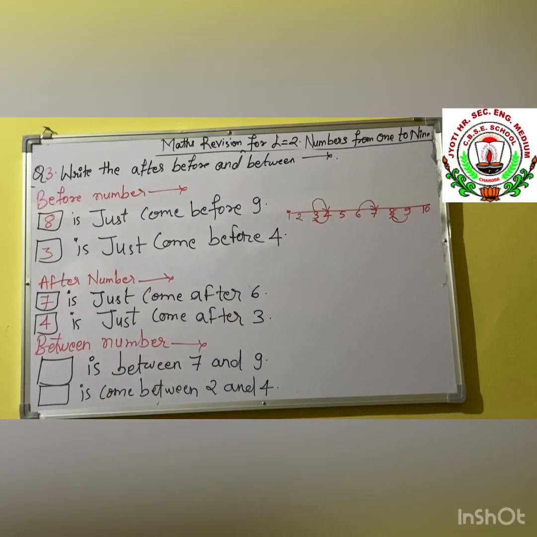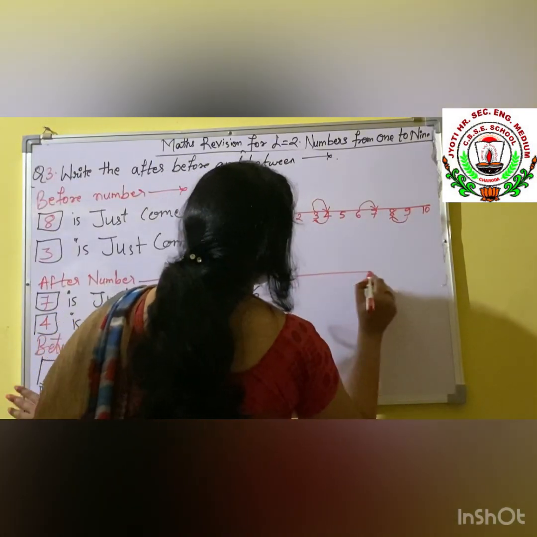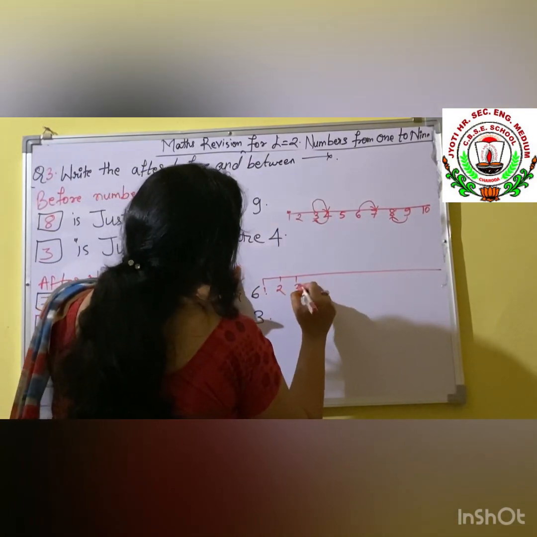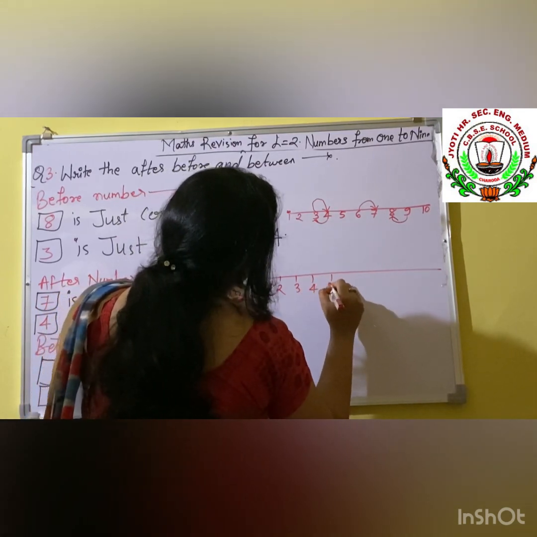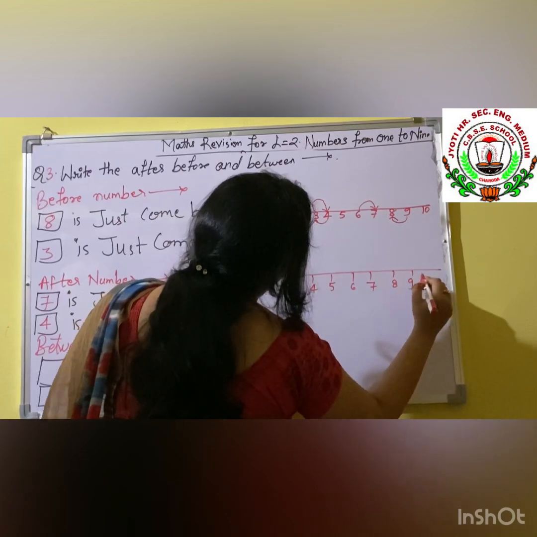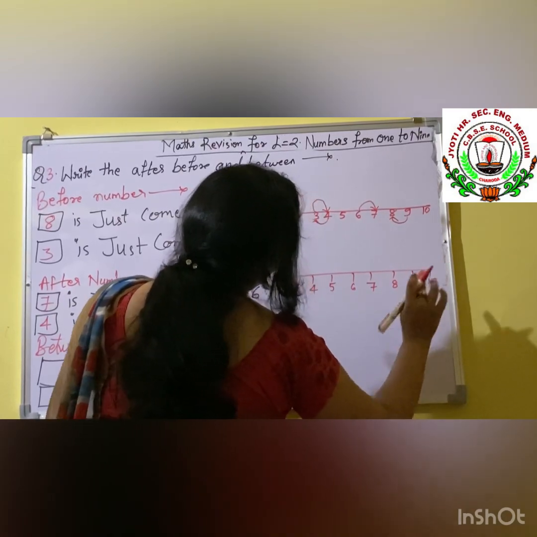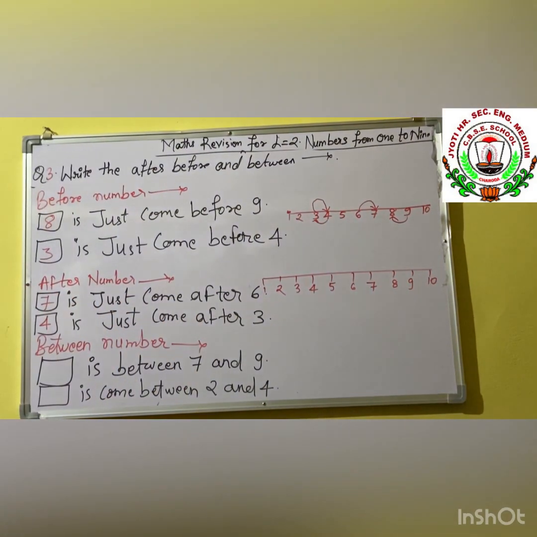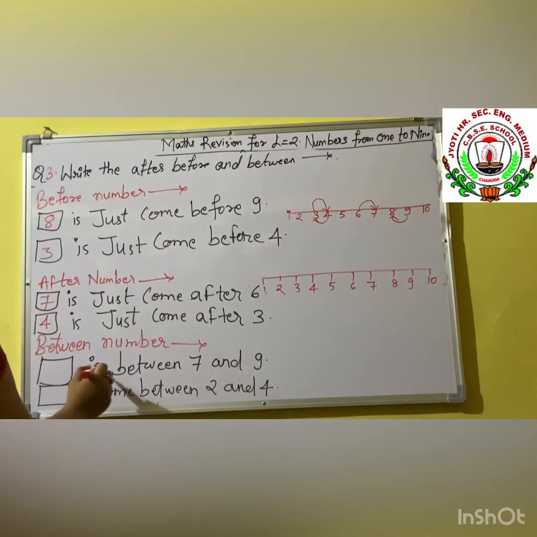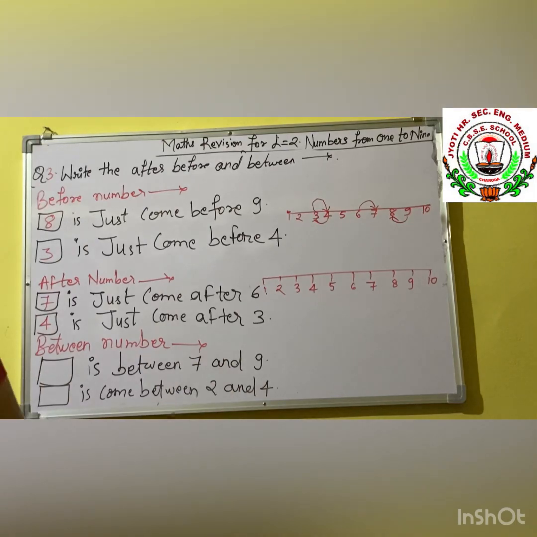Now, the between number, which is in the center. 1, 2, 3, 4, 5, 6, 7, 8, 9 and 10. Here we have the numbers. In this question, what is asked? Dash is between 7 and 8.